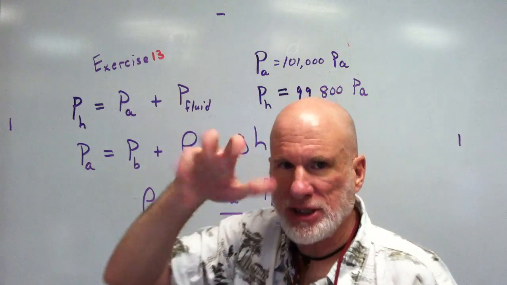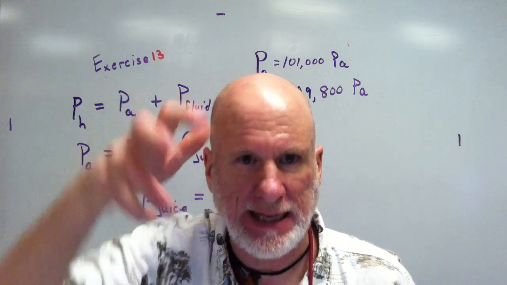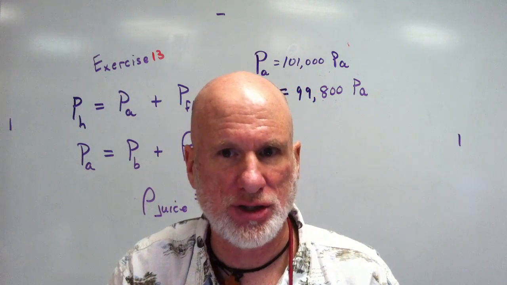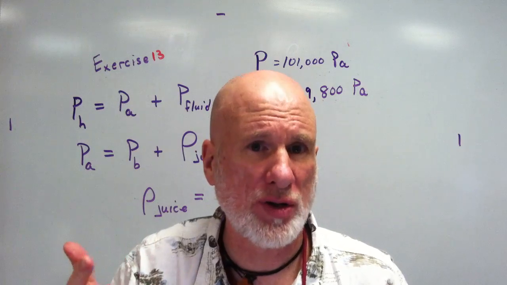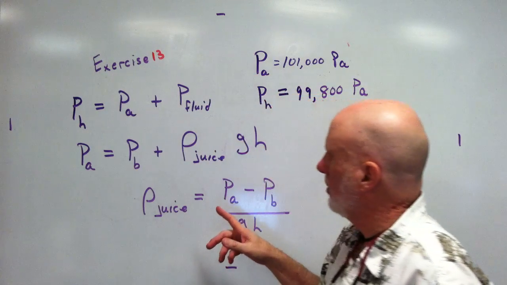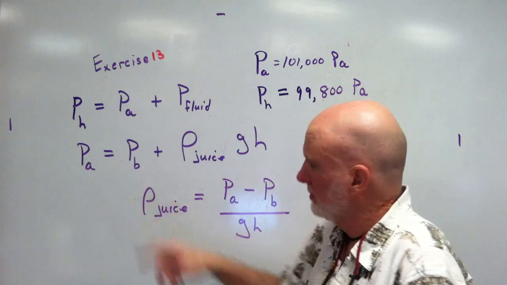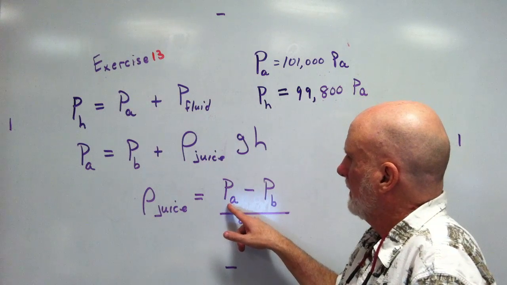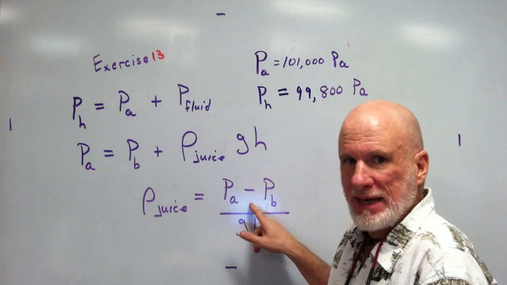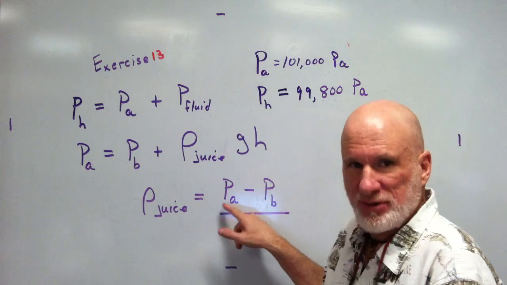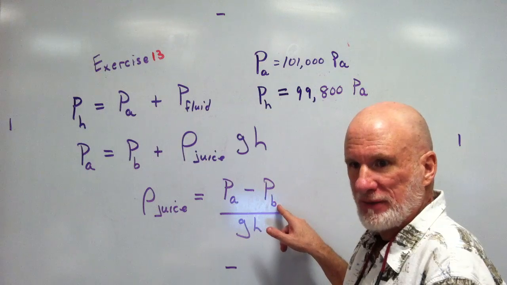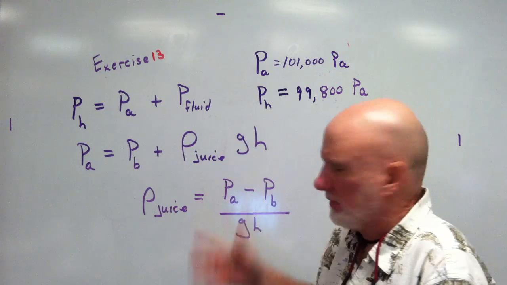So it's not only the pressure from the bulb expanding that's drawing the fluid into the baster, it's also the atmospheric pressure. So the pressure differential is going to be P sub A minus P sub B. The atmospheric pressure minus the baster pressure is going to be the pressure differential.